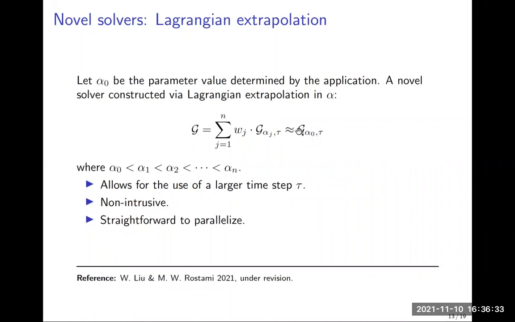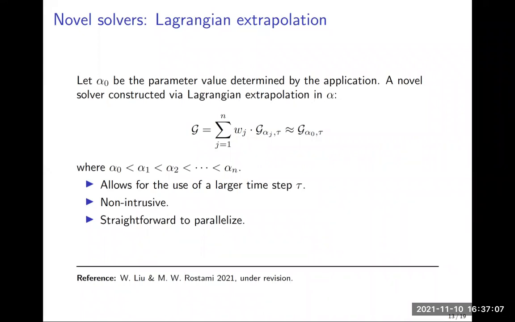And this is going to be, roughly speaking, alpha 0, so you actually recover the parameter that you actually want. All right, so this is our new solver. It's a linear combination of a family of existing solvers. And why do we do this? Again, this is because if we use alpha j instead of alpha 0, we can get away with larger time steps. Okay, this is non-intrusive.